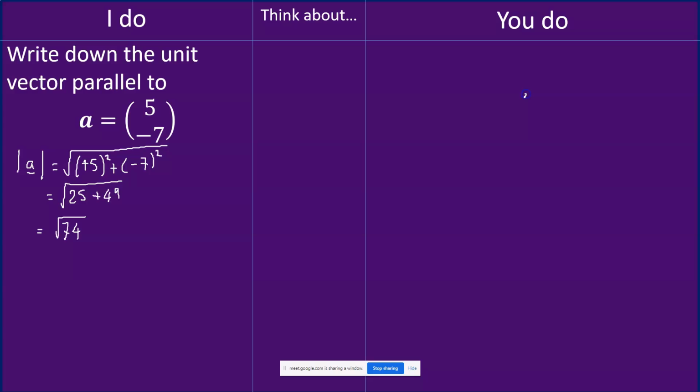It's absolutely massive. Okay, so this is A here. But what I want is a unit vector which is smaller, but points in the same direction. And this unit vector here, which is A hat, has to have a magnitude of 1.